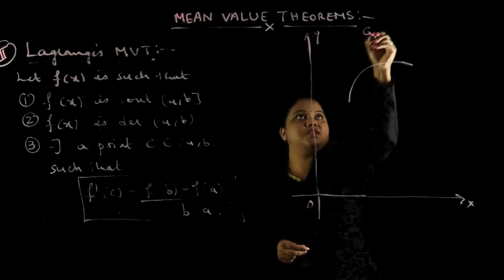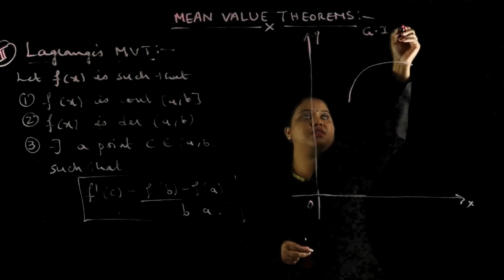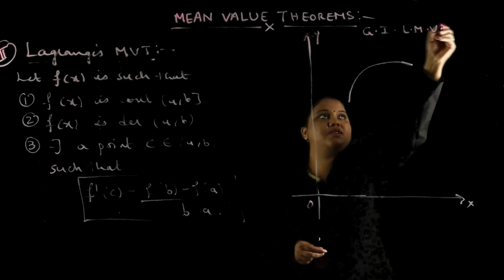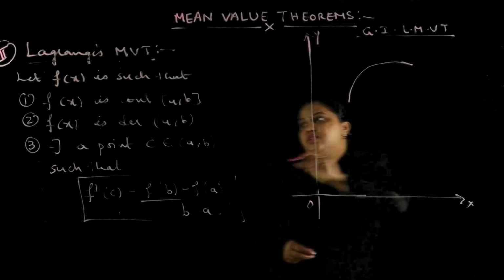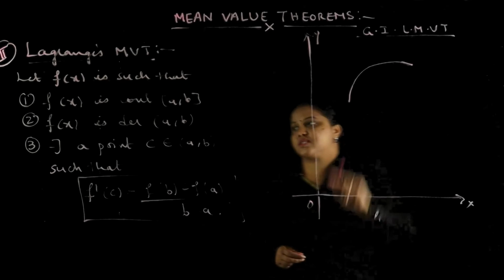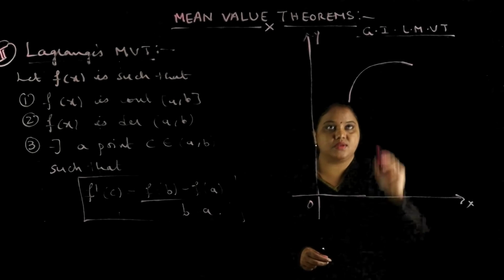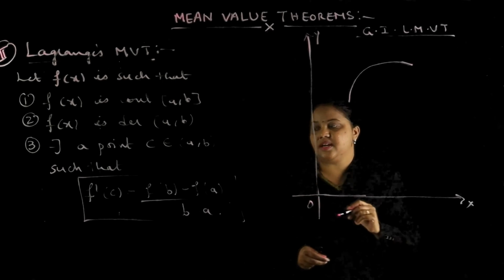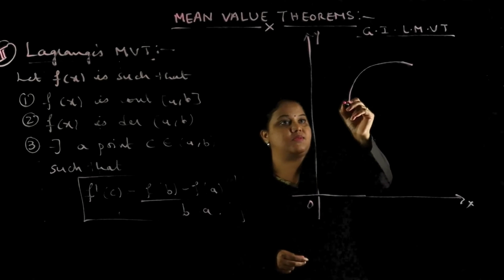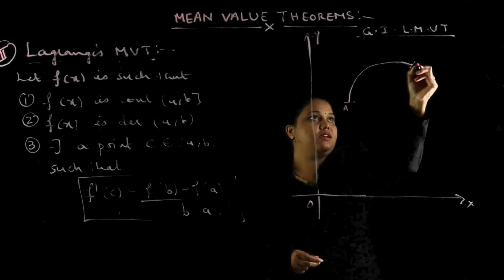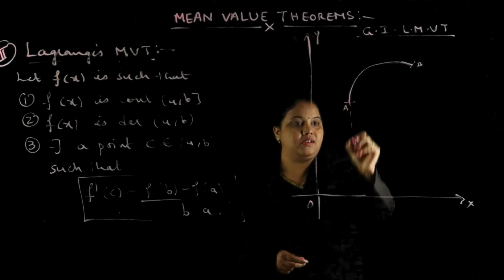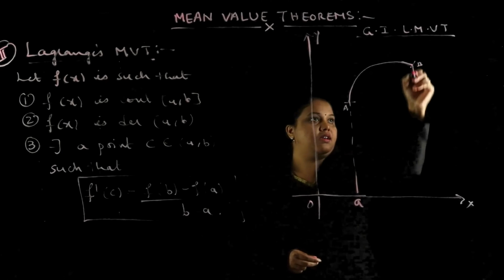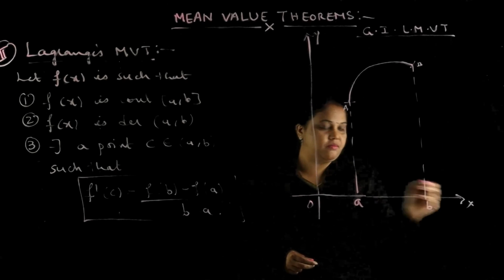So this is the geometric interpretation of Lagrange's mean value theorem, right? So the first condition is it should be a continuous curve, second one is derivable, so let us check that one, and the third condition I should see for this one. So let us mark this point as A, this point as B, so this is nothing but your A, so this is nothing but your B.